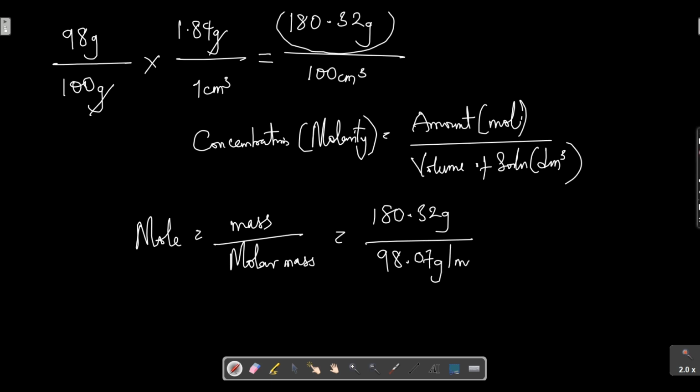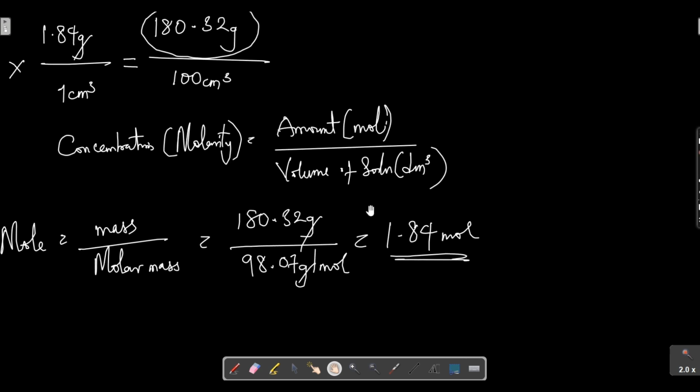So grams cancel grams, and all you have is approximately 1.84 moles. So we've gotten our amount to be 1.84 moles.